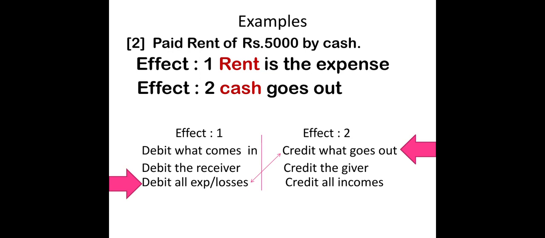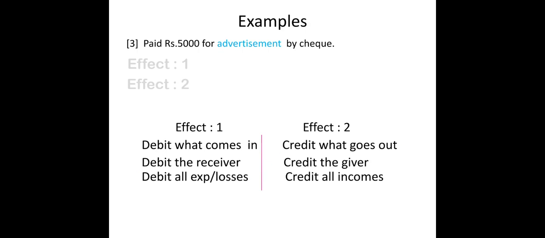Okay, so student, I think number two is very simple for you now. One more example, student. Number 3. Yes, number 3 is also very interesting, student. Paid rupees 5,000 for advertisement by check.